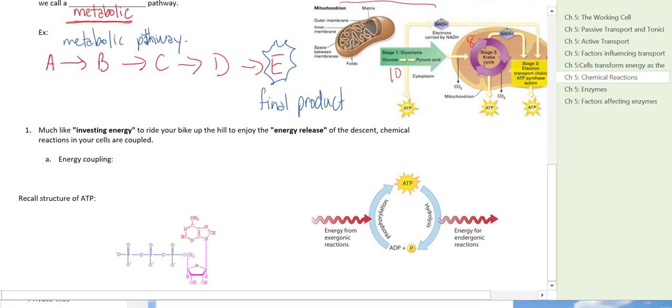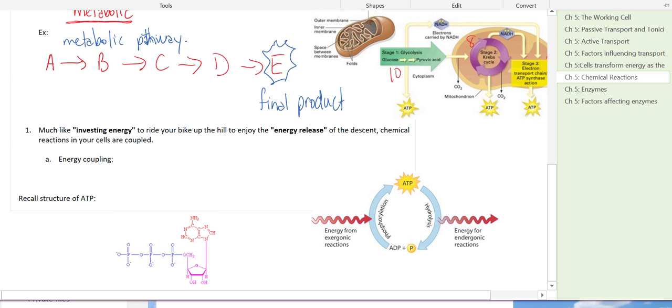And so in the same way, chemical reactions are coupled, right? They're coupled by an energy investment in, or it doesn't always have to start with an energy investment in. It can start in lots of different ways. So you could actually get an energy release out of step one, and that provides energy to drive step two, and so on.